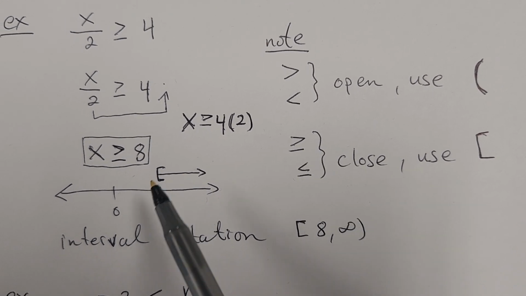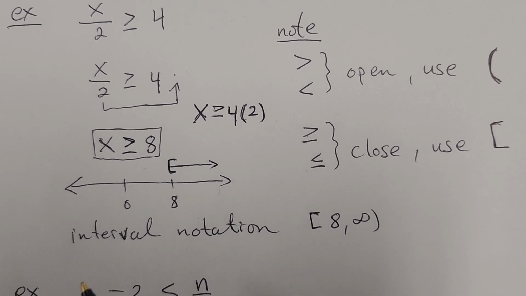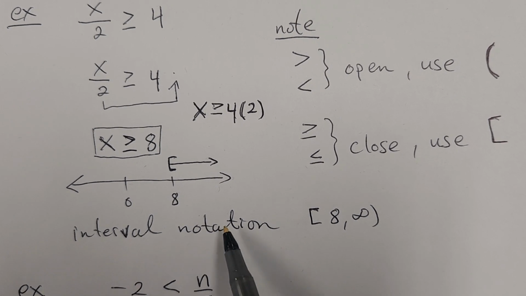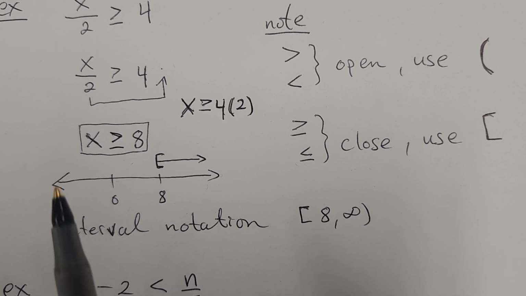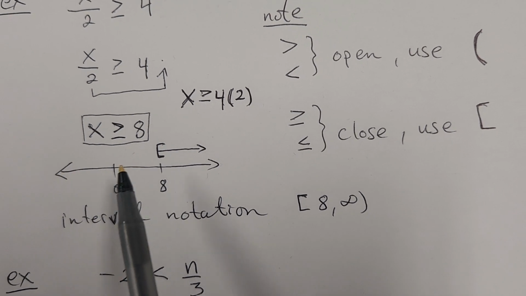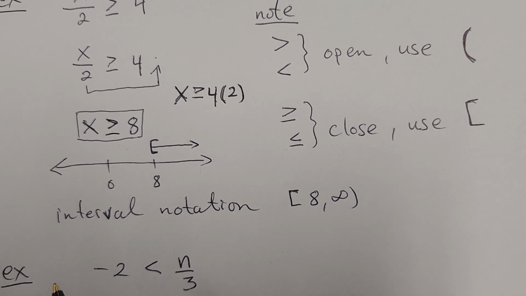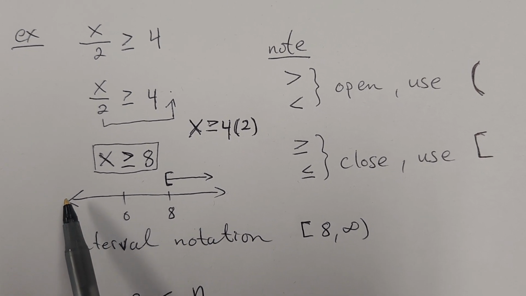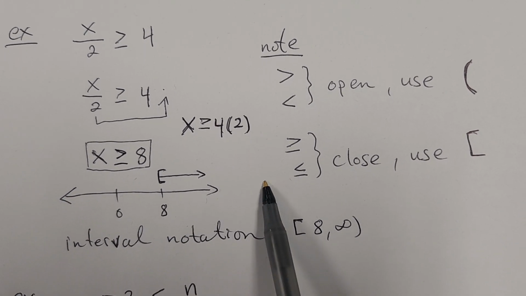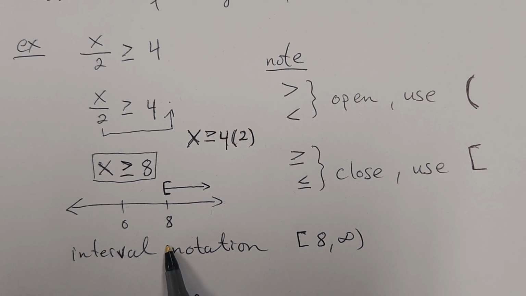Once you finish the graph, then you will write it as an interval notation. When you write interval notation, always start from the left and then move to the right side. So here it is.